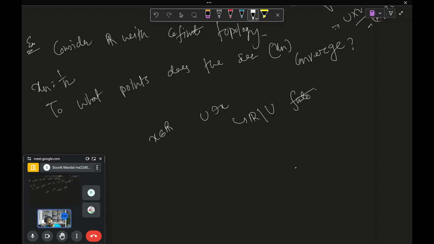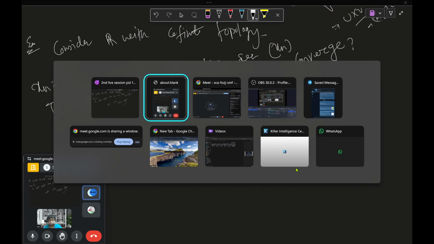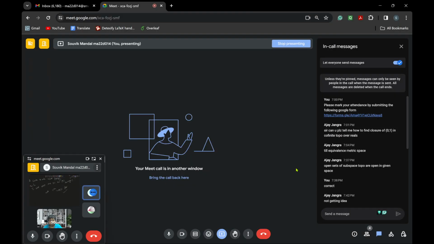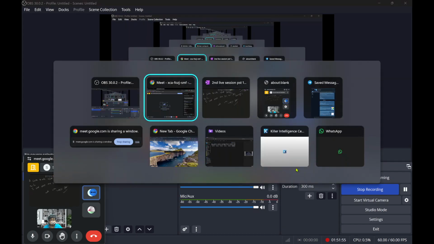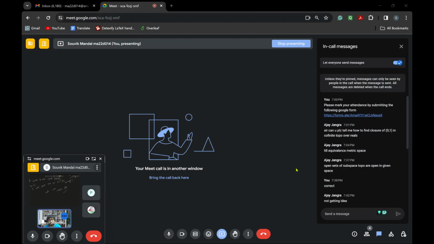So that open set contains almost all the points of the sequence. Correct, very nice. So this is the definition: x is a limit point of the sequence, the sequence converges to x. Very important.